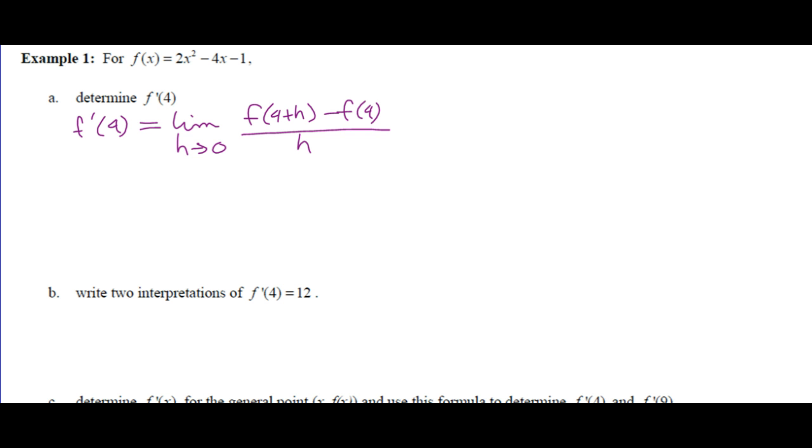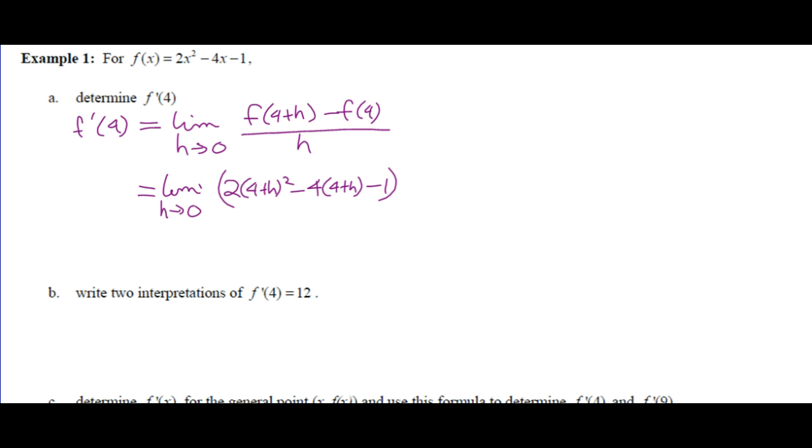And so now it's just algebra, right? So that's equal to the limit as h approaches 0. So f of 4 plus h would be 2 times 4 plus h quantity squared minus 4 times 4 plus h minus 1. Okay, now that corresponds to f of 4 plus h.